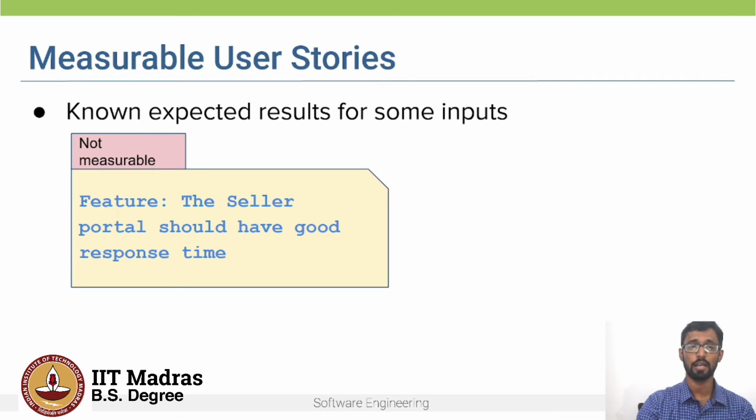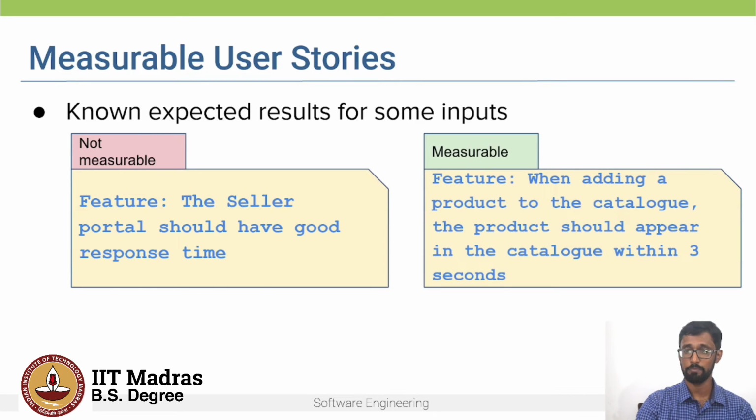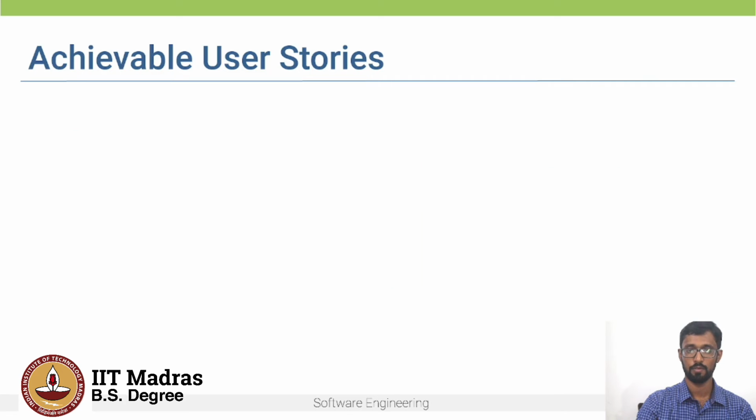This is vague and it is not easily measurable. A more measurable user story can be, when adding a product to the catalog, the product should appear in the catalog within 3 seconds. This is measurable and testable. So make sure that your user stories are measurable.